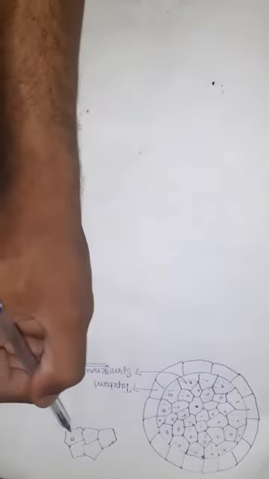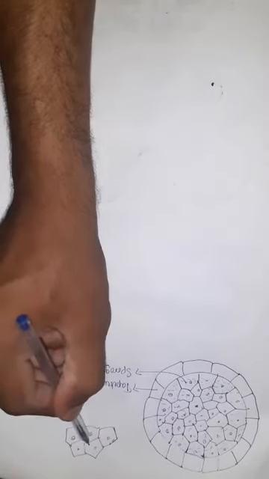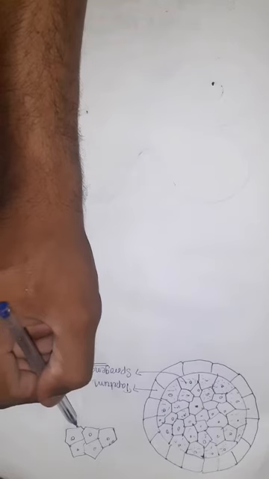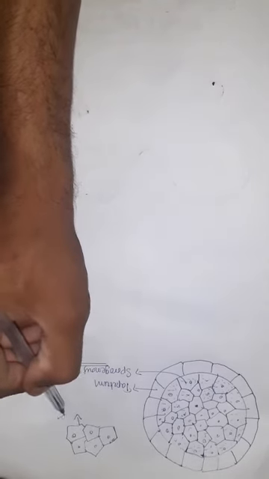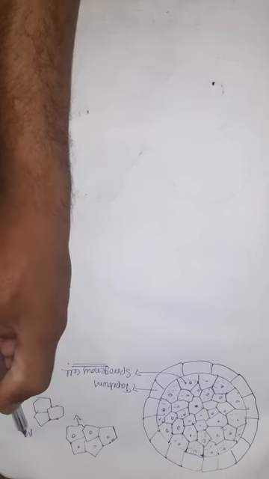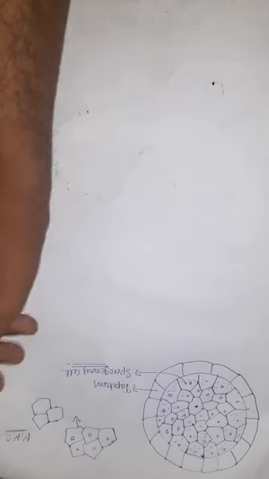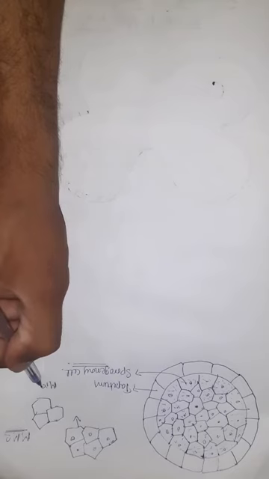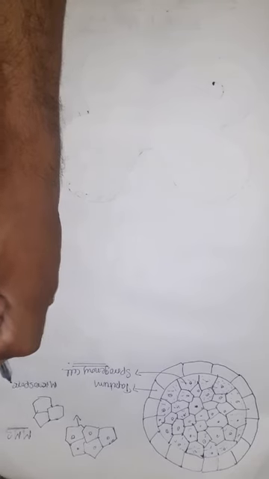After maturity, these sporogenous cells divide mitotically. The sporogenous tissue undergoes many mitotic divisions and gives MMCs, that is, microspore mother cells. This is the first step.